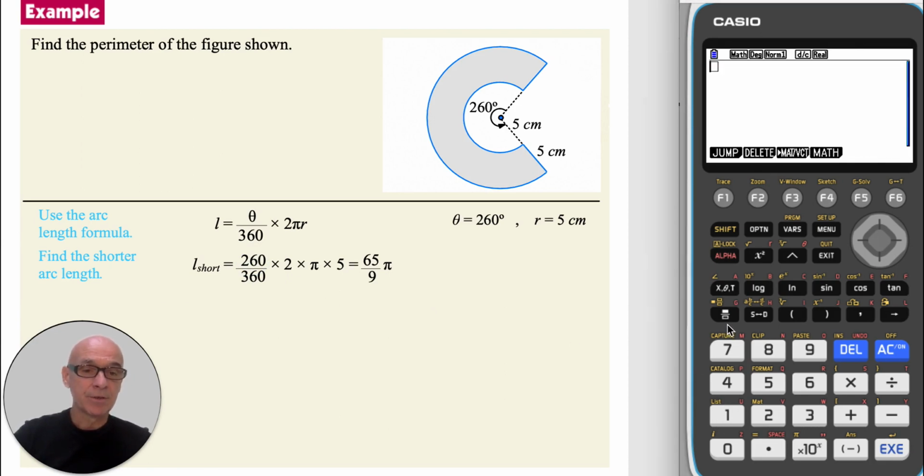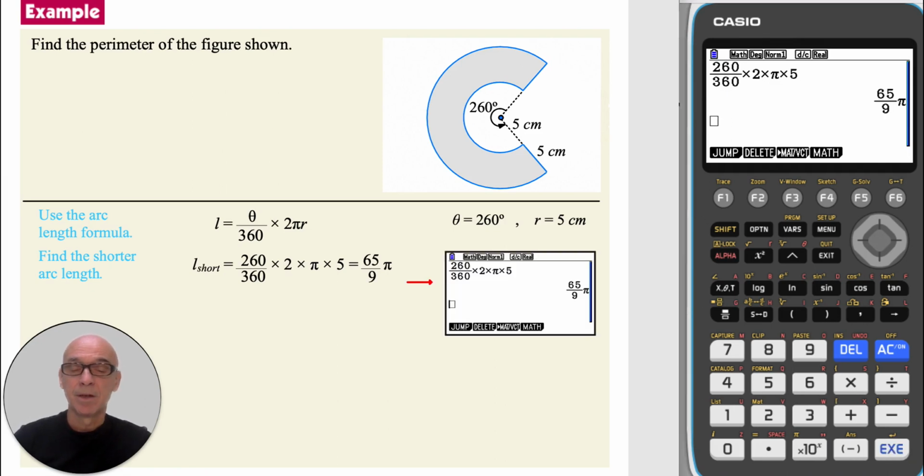So pressing the fraction button, entering 260 for the numerator, scrolling down, and entering 360 for the denominator, using the right cursor to come back up, and multiplying by 2, multiplying by pi using Shift, and then multiplying that by 5, and pressing execute to perform the calculation. Given the value shown, to convert the answer to a decimal, you can just press the decimal display button.